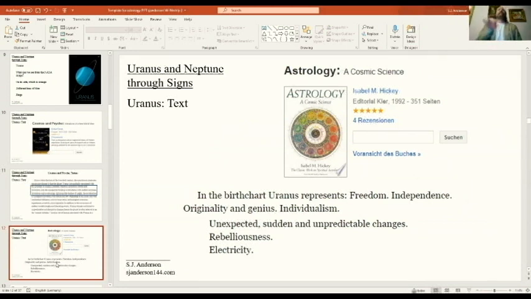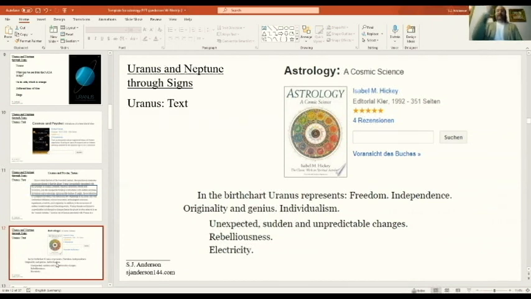By the way, if you're looking for a cookbook of planets and signs, this does have that. I don't know if the intention of the talk was for me to do a cookbook style. I'm just not going to do that here, but you can find it in this book. Here's what Miss Hickey says about Uranus: unexpected, sudden, and unpredictable changes, rebelliousness, and electricity.